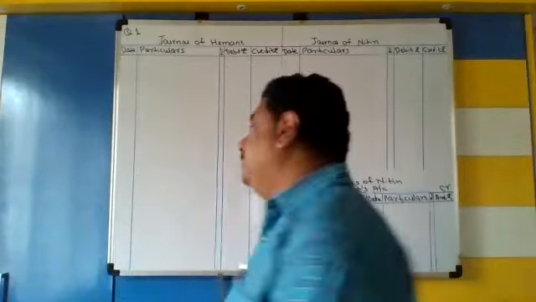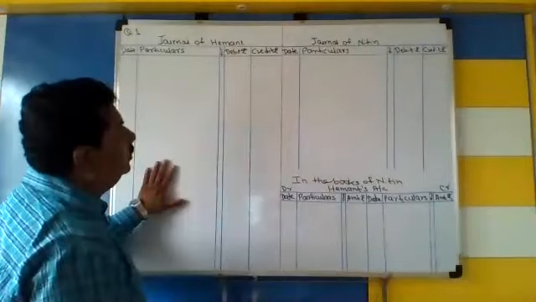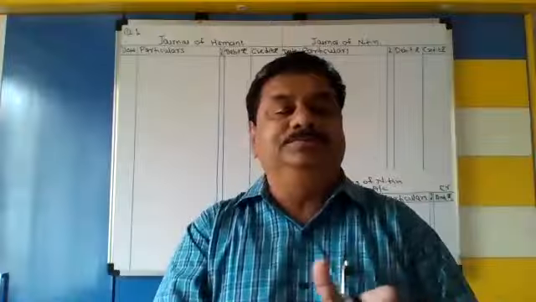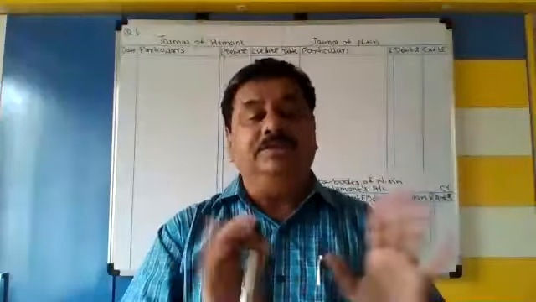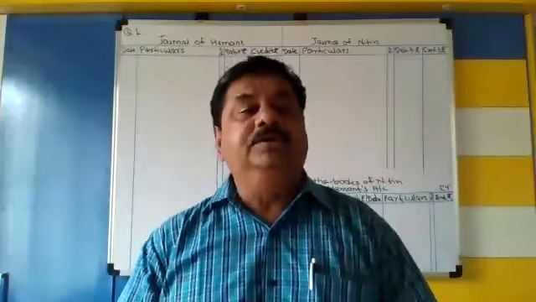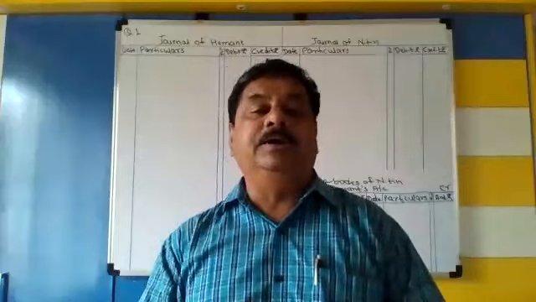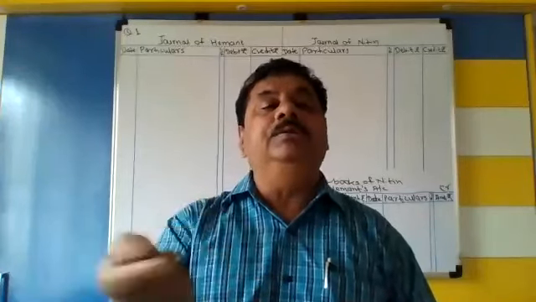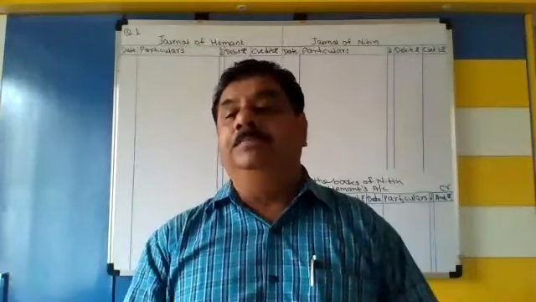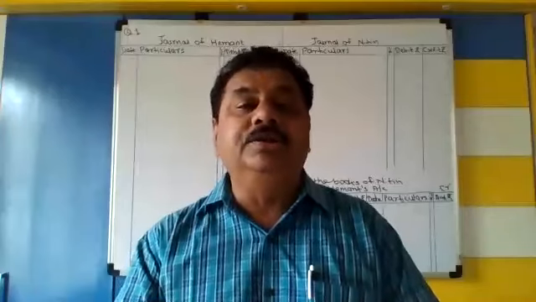So we are going to prepare a journal of Hemant, who is a drawer, because normally the seller is a drawer. Hemant sells goods to Nitin on credit, so he wants to recover that amount. So Hemant drew a bill on Nitin, and the person who draws the bill is called a drawer.